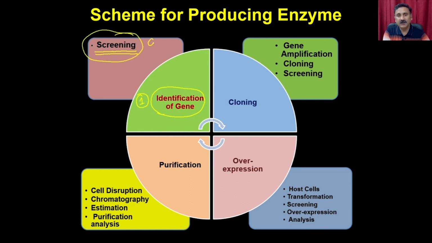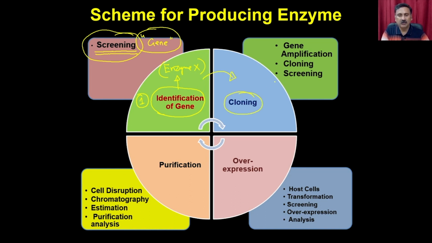Because you have to screen for the gene in a pool of genes, so that you can identify the gene which is responsible for the production of enzyme X, for example. Once you identify the gene, you are going to clone that gene into a suitable vector.